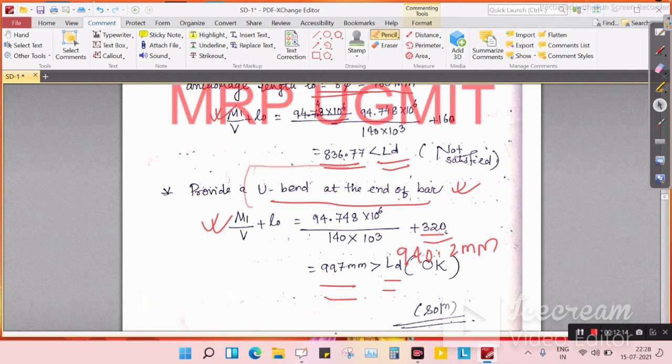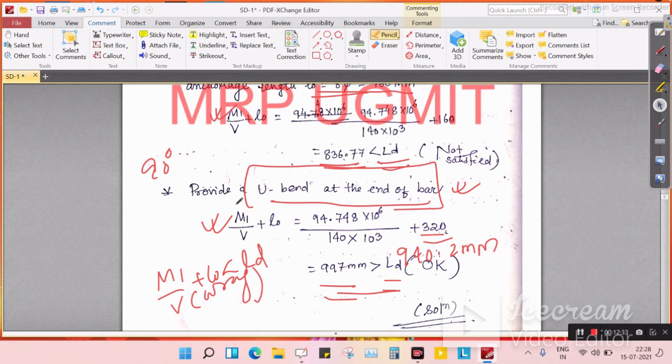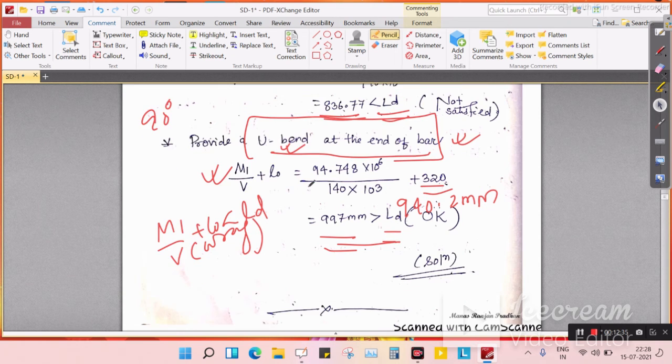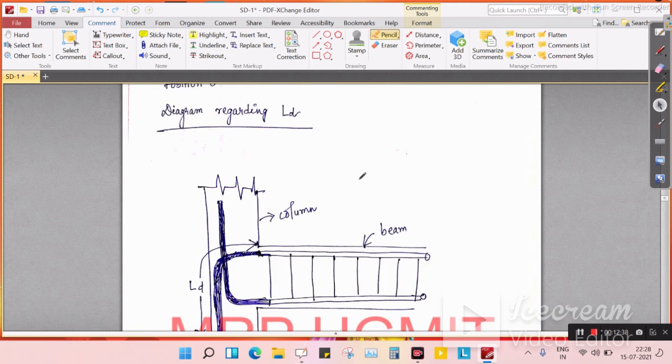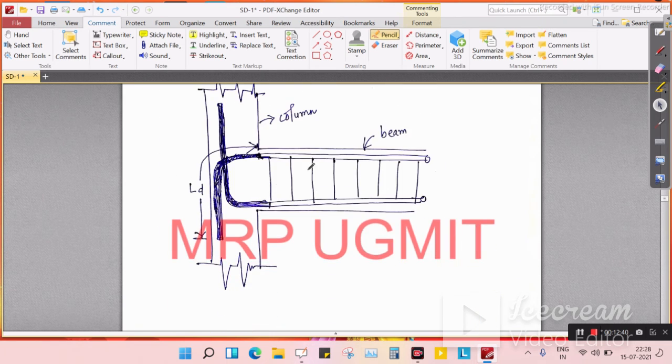When we take U bend bar, this is okay, but when we take 90-degree bend of bar, M1 by V plus L0 becomes less than LD, that is wrong. So we have to take a U bend bar, so this becomes greater than LD, so that is okay. Now check the diagram. This is LD, but this is 90-degree bend of bar, so we have to provide a U bar. So the figure will be like this.